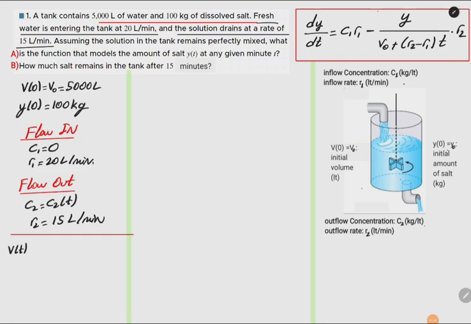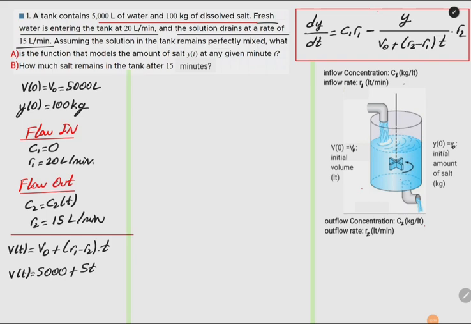The volume formula, let me remind you, was V0 plus R1 minus R2 times t. Here R1 minus R2 means that our volume is increasing at a rate of 5 liters per minute. And after t minutes, of course, our volume will be: our initial volume was 5,000 liters plus 5t.